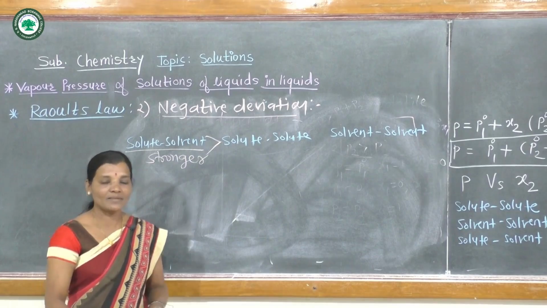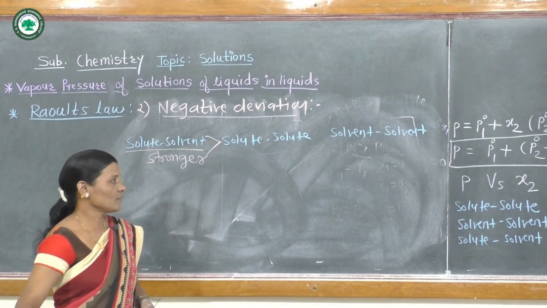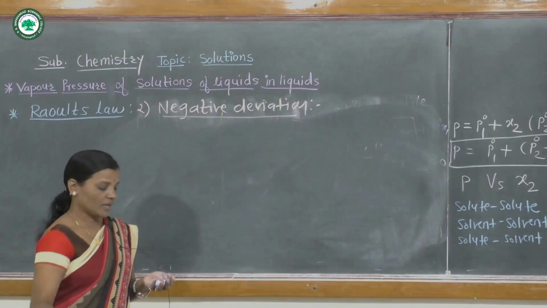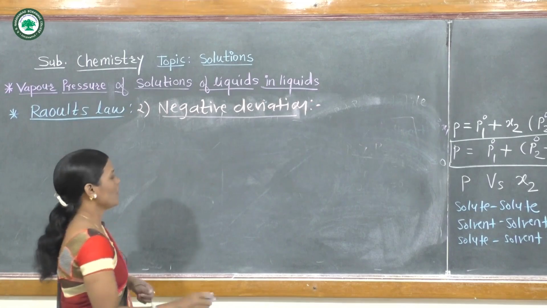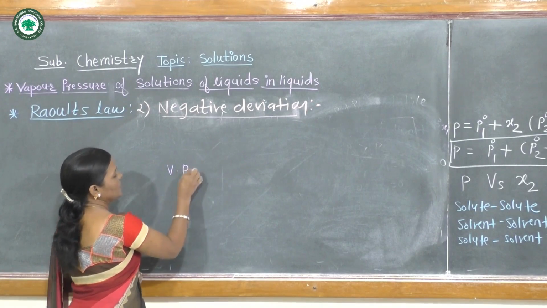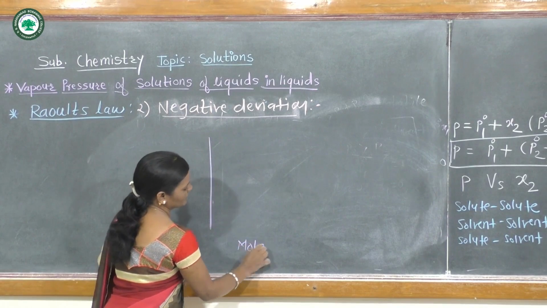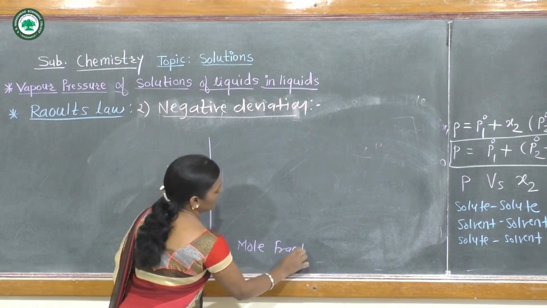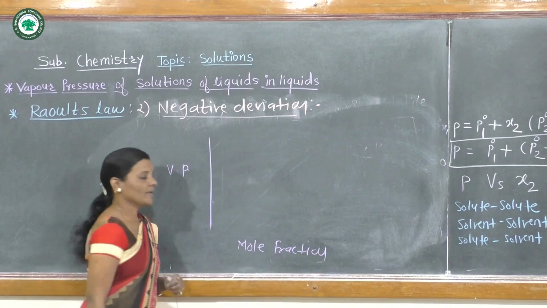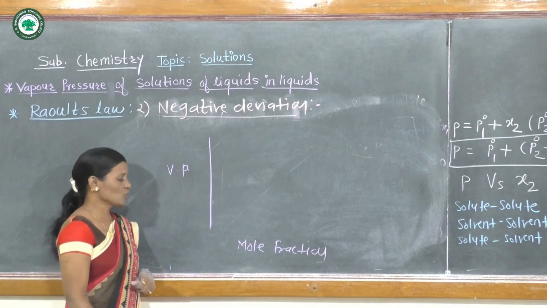Now we will see how, by graphical representation. Again we have to plot the graph of vapor pressure versus mole fraction of the volatile component present in the solution.